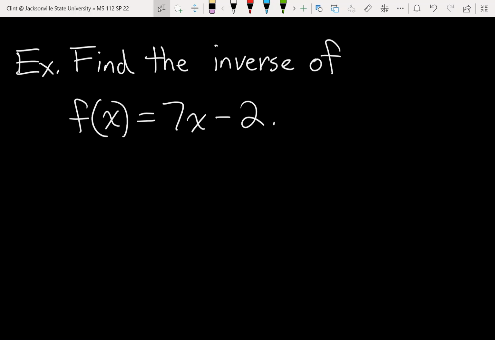We want to find the inverse of this function. We're going by those steps. First thing I'm going to do, just to make the notation a little simpler, instead of calling it f of x, I'm going to change it to y. I'm going to say y equals 7x minus 2.